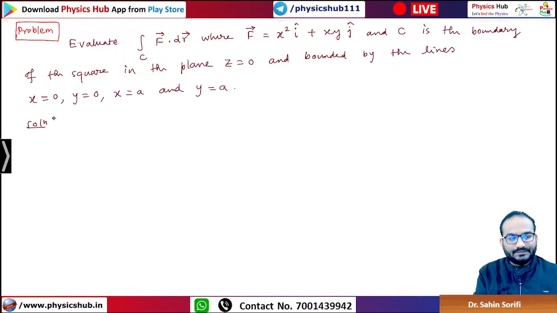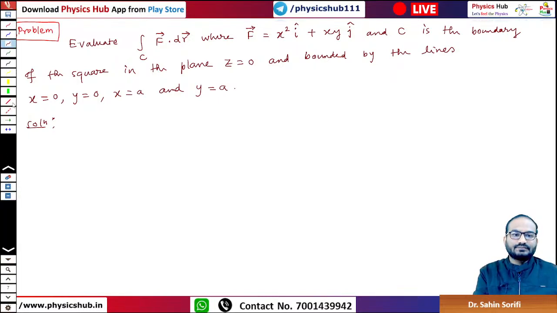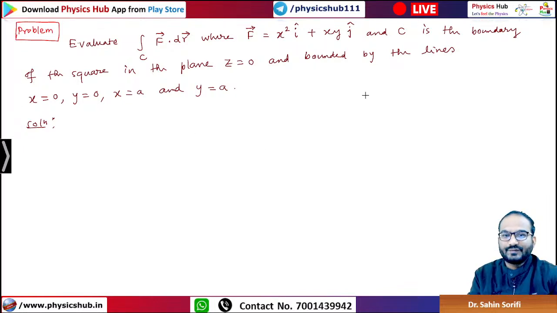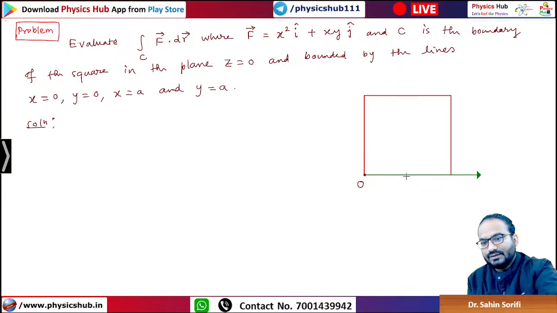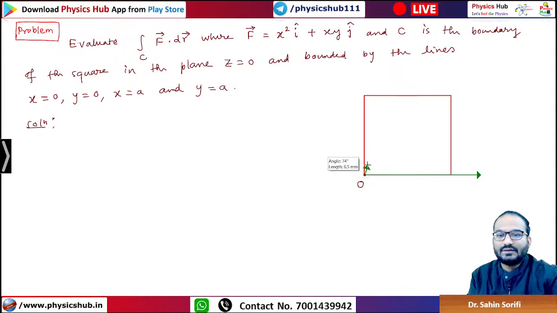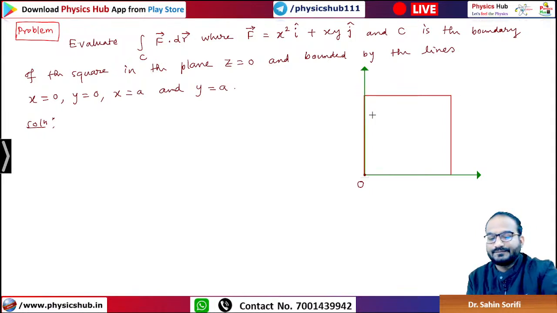How will you do that? This is first of all a square, right? Let's say this point is the origin, and this is the x-axis and this is your y-axis.